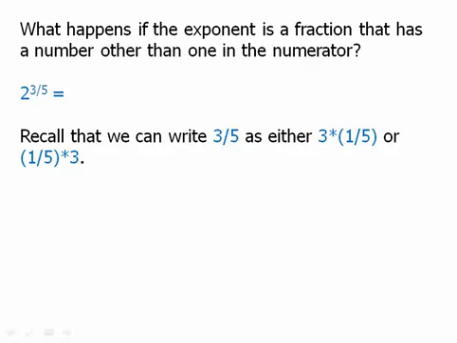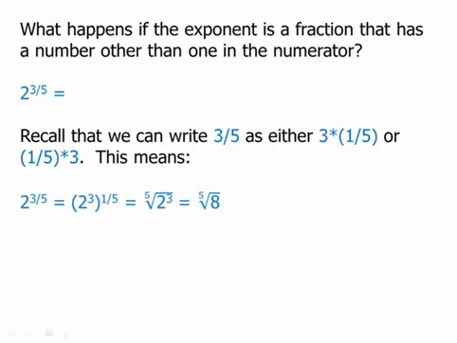We can write the product either way, and this has implications for the laws of exponents. I can write it as 3 times 1/5, have the power of 3 inside, and have the 1/5 outside, and so that would be the 5th root of 2 cubed, or the 5th root of 8. That would be one way I could do it.